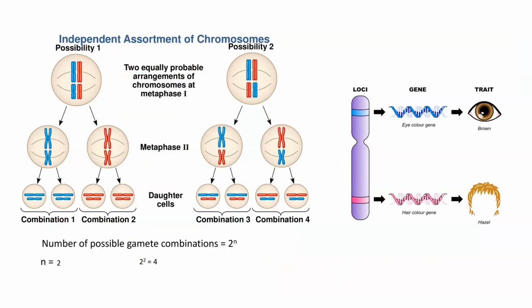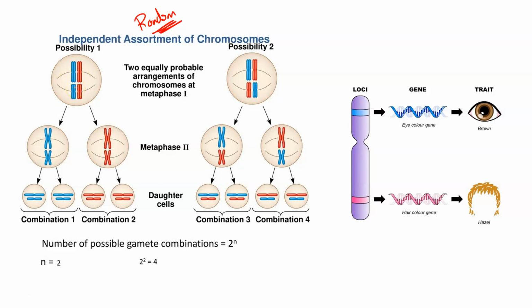Okay, so independent assortment of chromosomes. This is review of what we've already talked about in previous videos, but independent assortment talks about how chromosomes line up, and they line up completely randomly. You can have your paternal chromosomes line up on the left and your maternal on the right, or you can have a combination of your paternal on the left and paternal on the right. It doesn't matter.